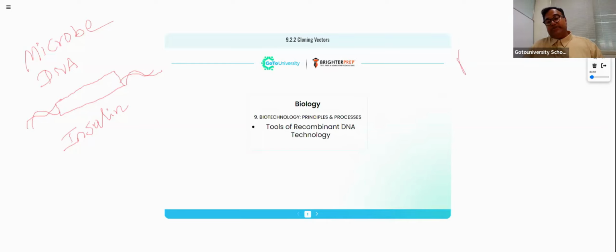By using restriction enzyme. Again, I'm repeating: restriction enzyme is an enzyme which you use to break the DNA. After breaking the DNA, we introduce the foreign gene of our interest by using DNA ligase enzyme. So by using restriction enzyme and DNA ligase enzyme, I introduce the insulin gene into the microbial DNA.